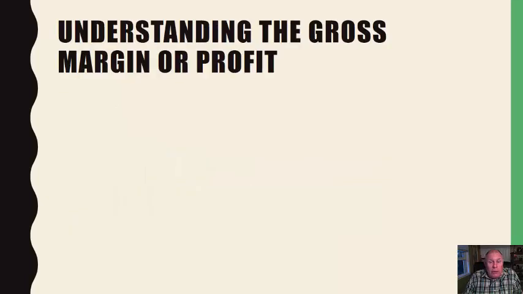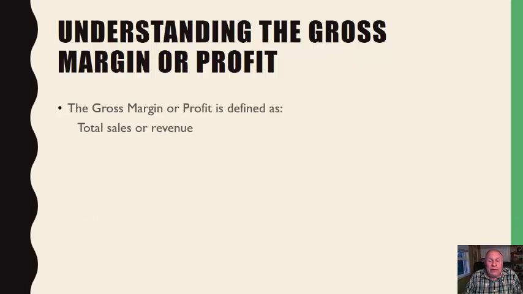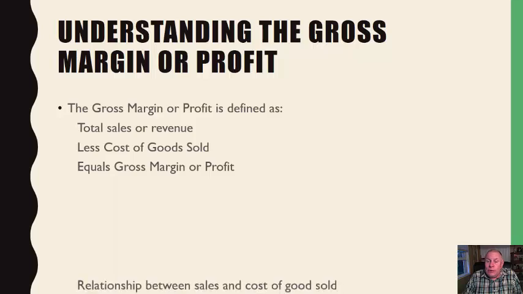Okay? Now, what we look at is this gross profit or margin, and you'll find it used both ways interchangeably by experts in financial statements. It's simply defined as total sales less cost of goods sold equals the gross margin or profit. This can be reported in dollars and then oftentimes in percent.